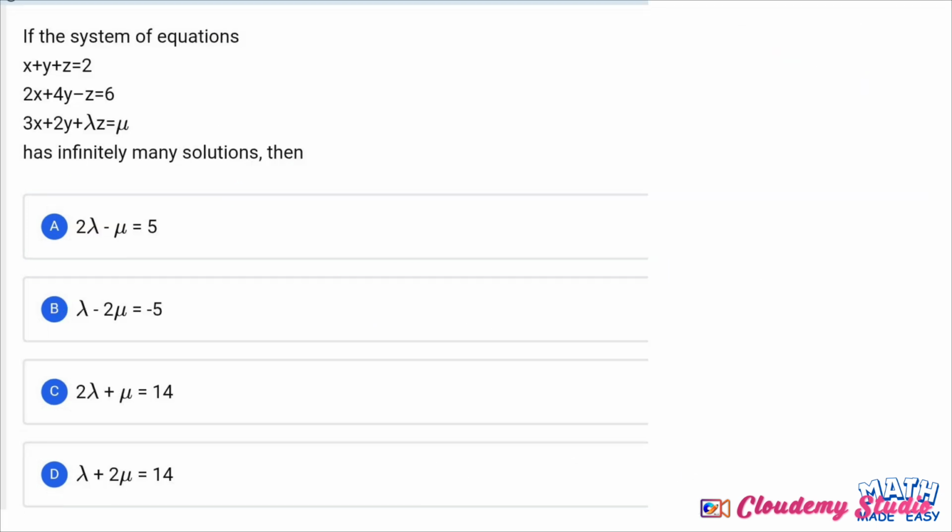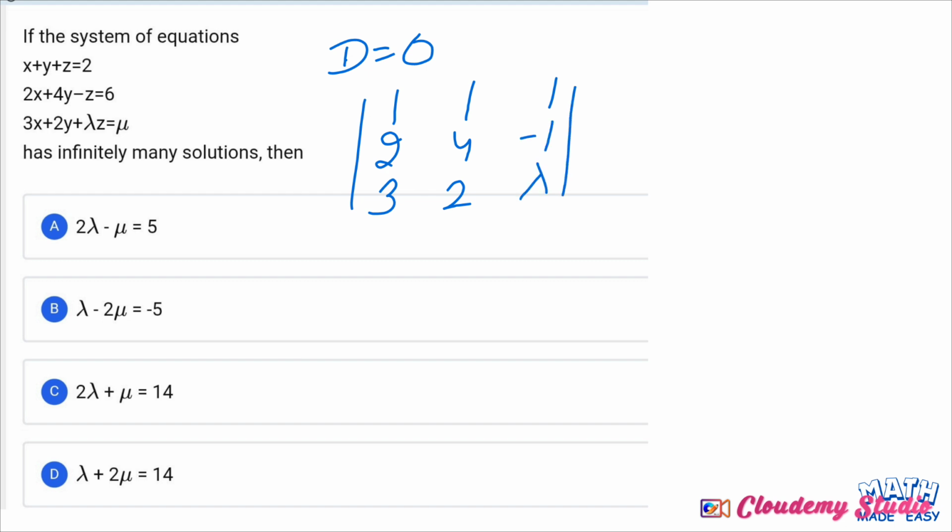Now next is, if the system of equations has infinitely many solutions, so this is simple. Infinitely many means your d will be 0. So here d equals 0: 1 2 3, 1 4 2, 1 minus 1 lambda is 0. So on expanding, your lambda will be 9/2.